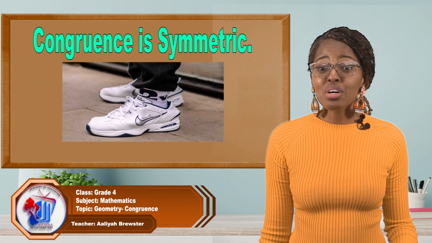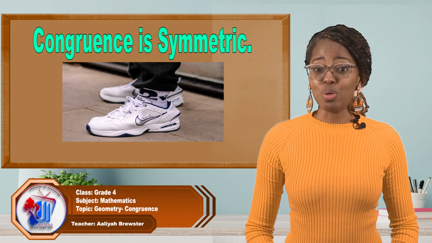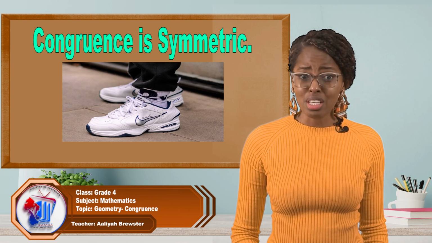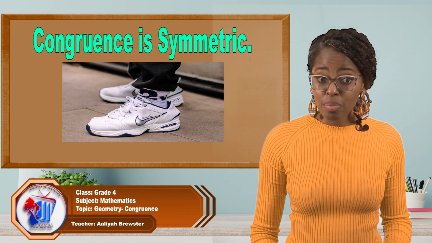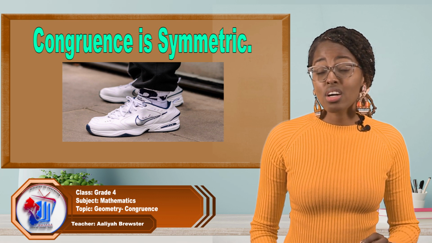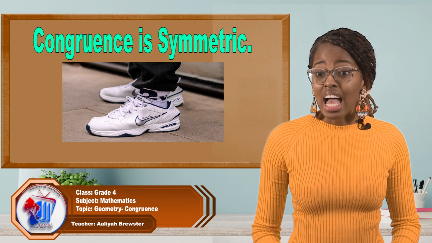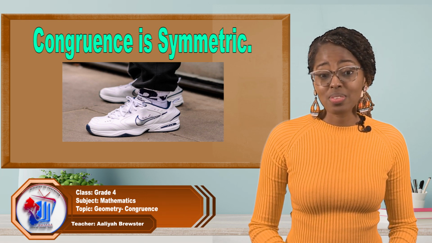Congruence is also symmetric. Now imagine the following scenario. You recently saw your friend wearing some awesome sneakers. Knowing you have the same size feet as your friend, you asked what his or her size is. You then went online and found the same pair of sneakers and purchased it.